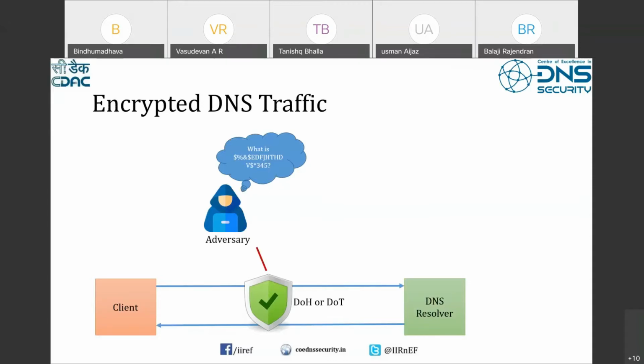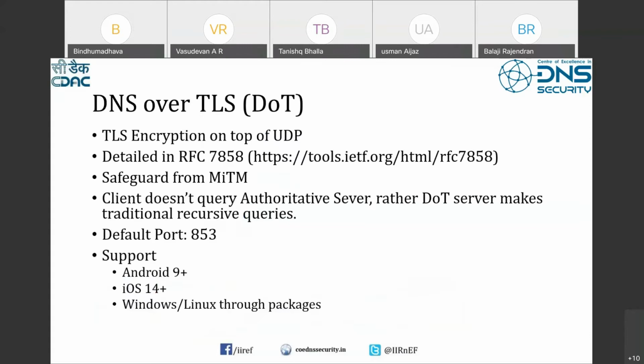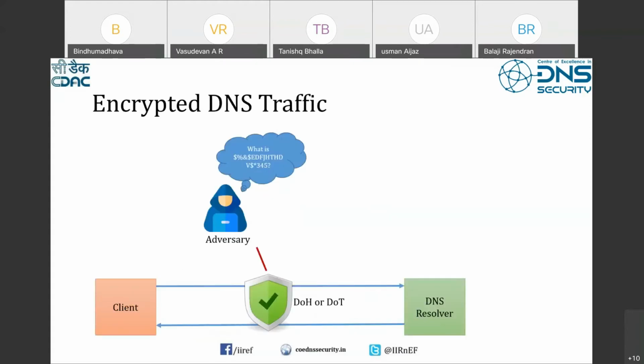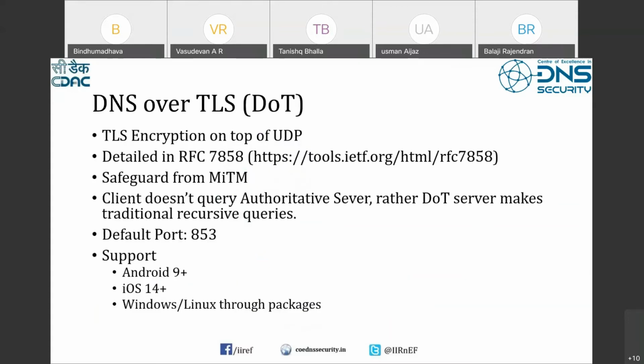Now, this kind of security, in which the communication channel, or in this particular case the DNS request and response, are encrypted, can be achieved with DOT, which is DNS over TLS, or DOH, which is DNS over HTTPS. So DNS over TLS is simple TLS encryption on top of UDP.